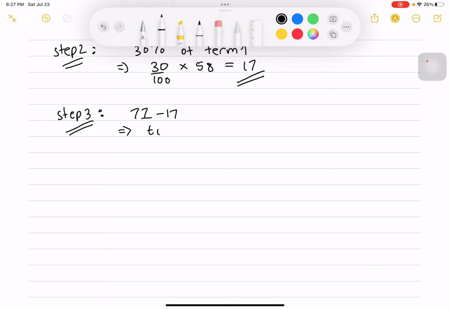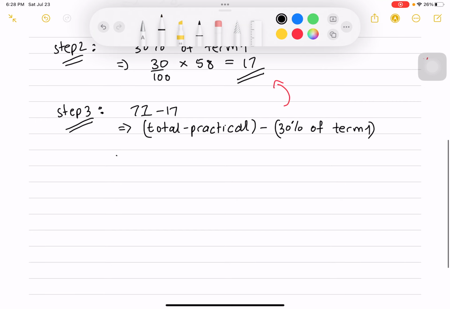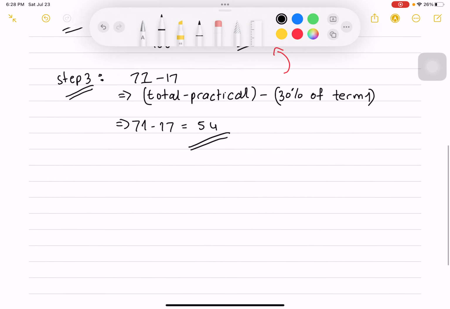So this is basically our total minus practical minus 30% of term 1, which we obtained in the second step. So which will result in 71 minus 17, which is equal to 54. Very important result. Keep this in your mind.